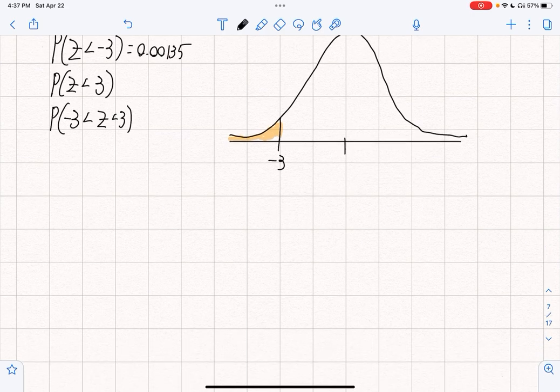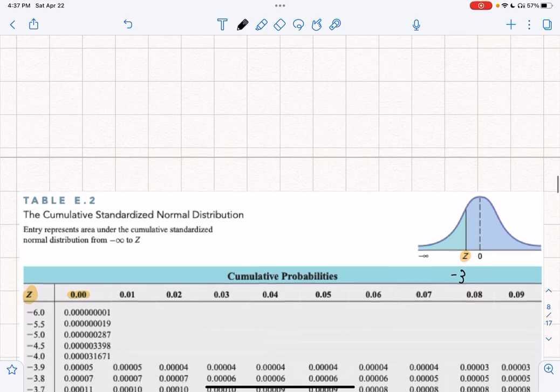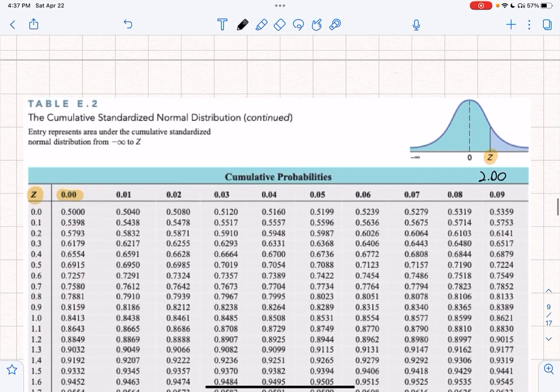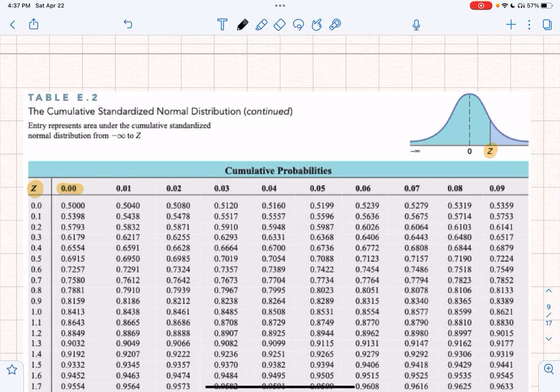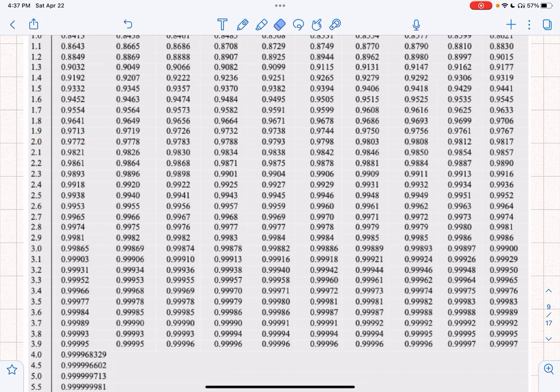Okay, now we want the probability that z is less than +3. So we want this whole area. So I'm going to use our second table. So +3. So 3.00 gives us 0.99865.